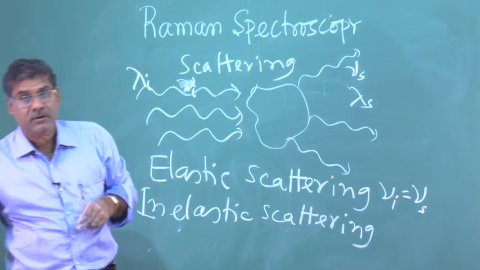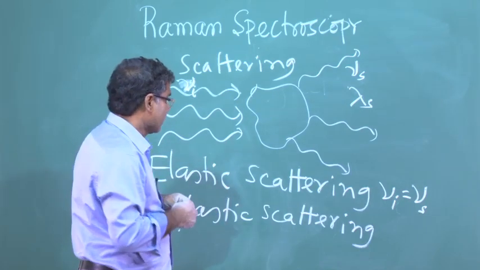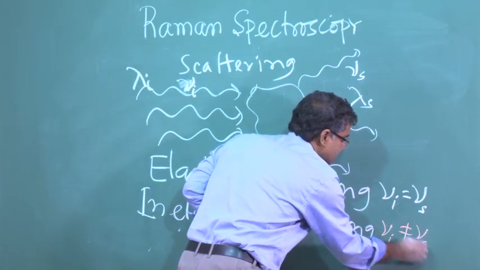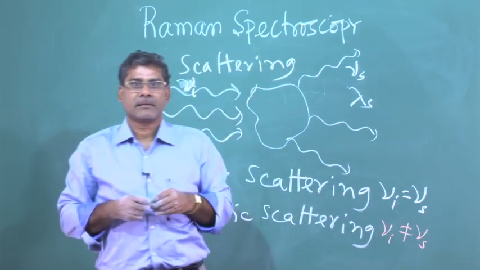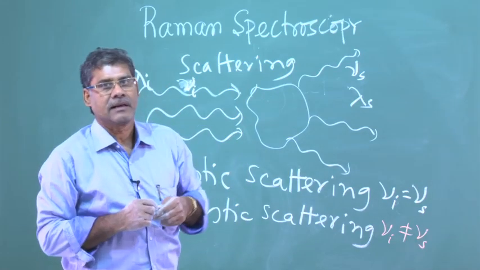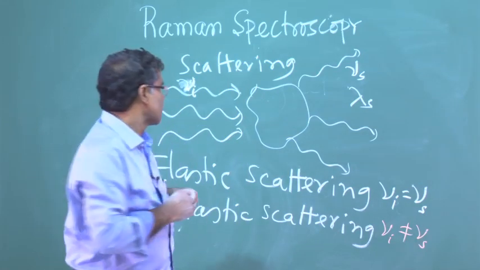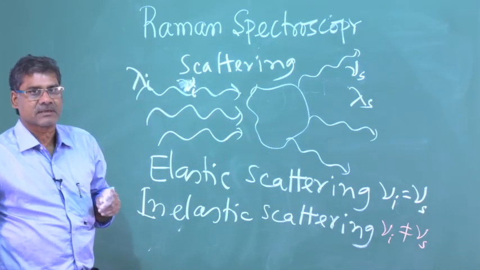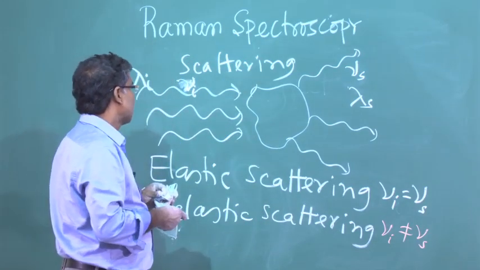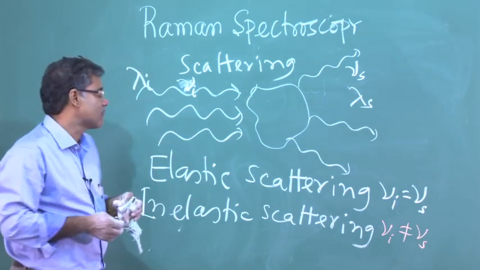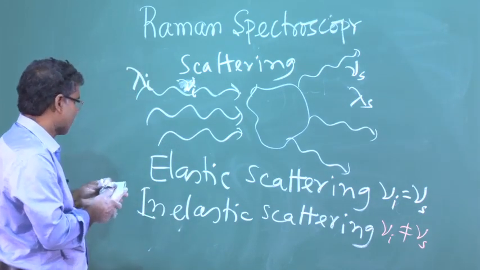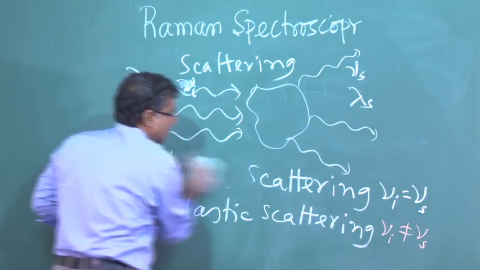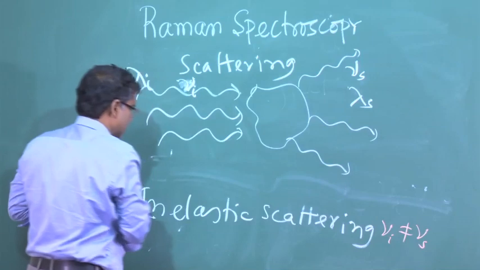If it is not the same, nu I is not equal to nu s, okay, then it is called inelastic scattering. Okay. So, Raman scattering is basically inelastic scattering.